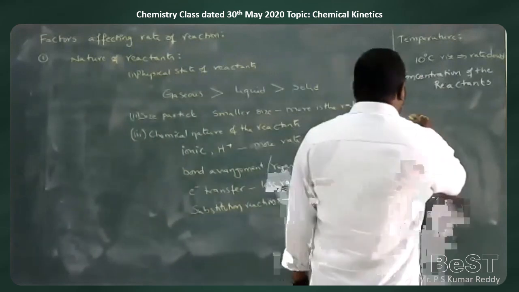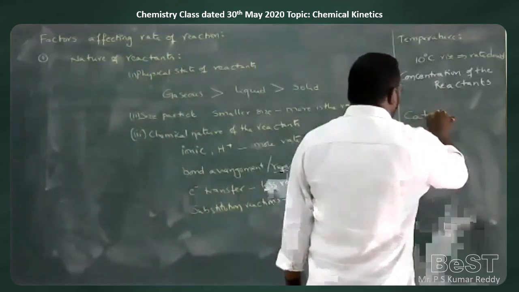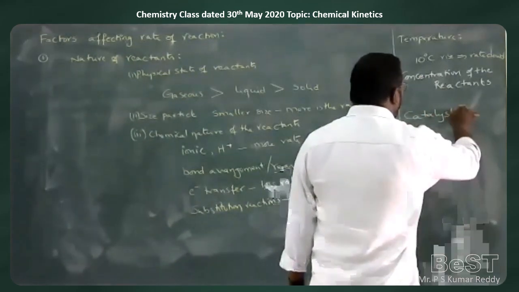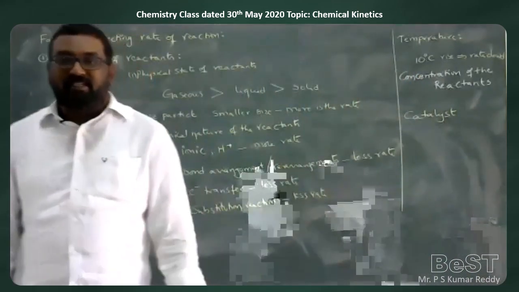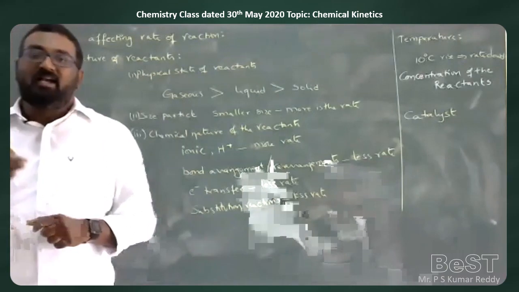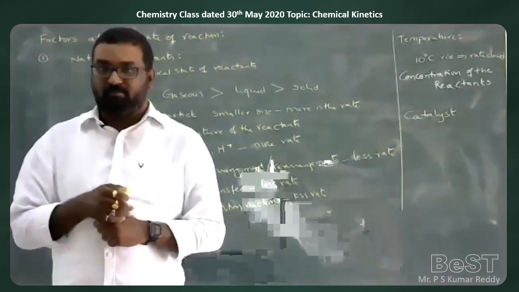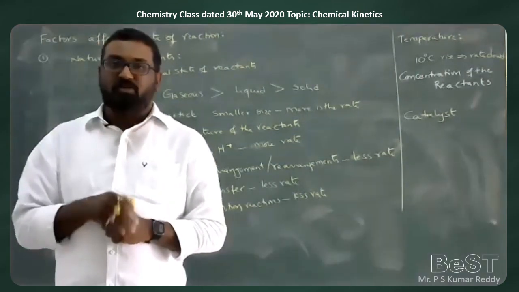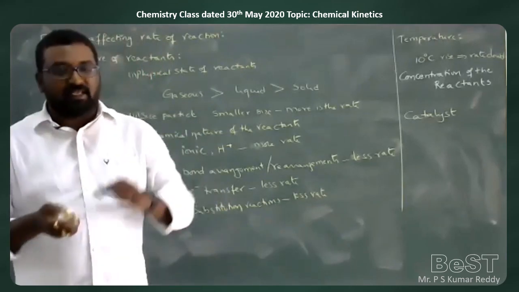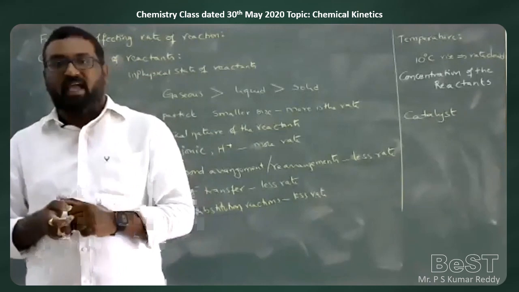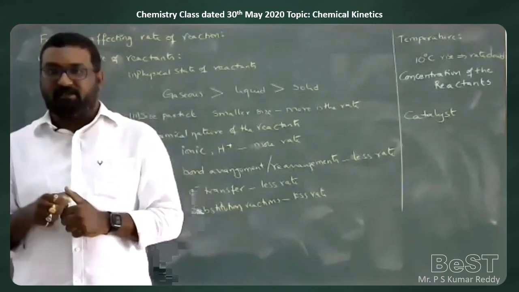In the same way, catalyst. A catalyst is a chemical substance which we use to alter the rate of reaction. Altering the rate of reaction means either increasing or decreasing the rate of reaction.